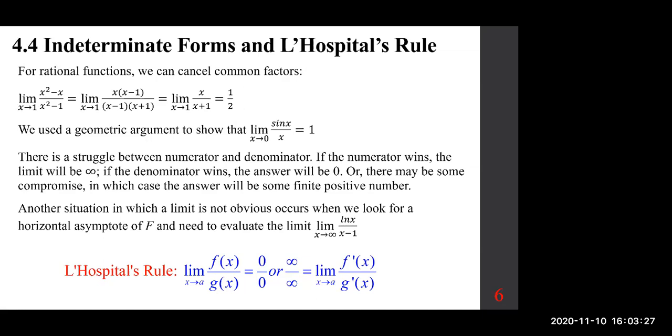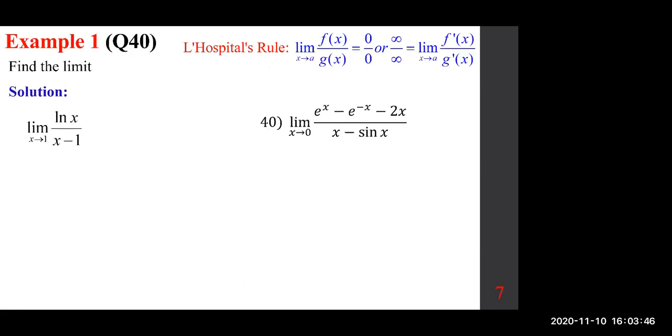Now practically just about everything can be done with L'Hopital's rule, as long as it ends up being 0 over 0 or infinity over infinity. So your first step is to show it's either one, and then we move on. For example, if we are looking at this one, first you have to show that the top and the bottom are both 0.